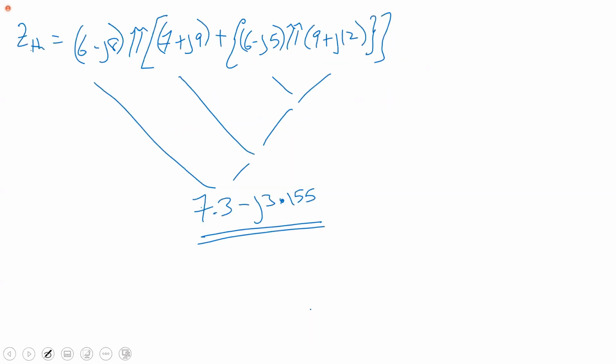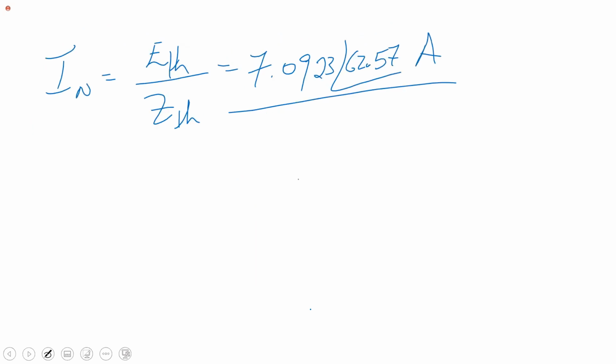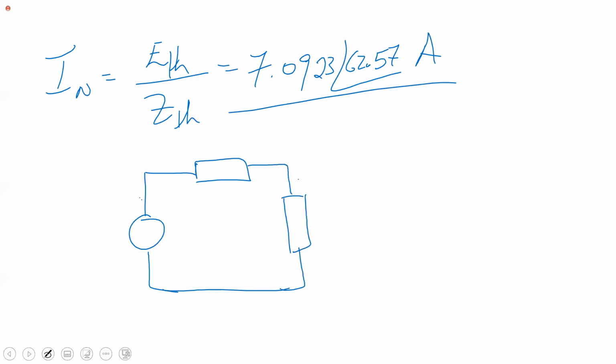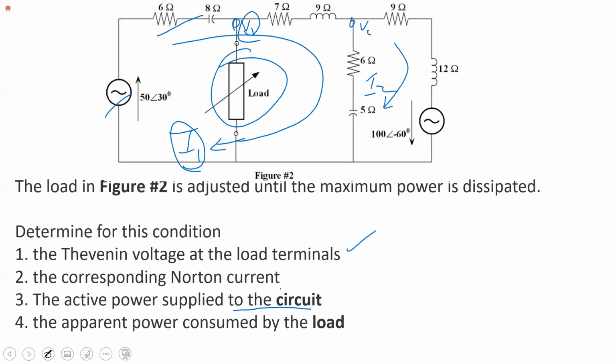Your Thevenin circuit would have been your supply, this would have been your impedance, and this is your load. Now, what are we told about the load? What's the condition? The load resistance equals the Thevenin resistance.